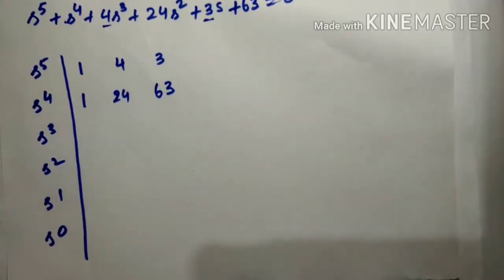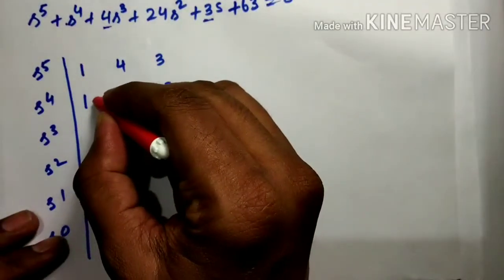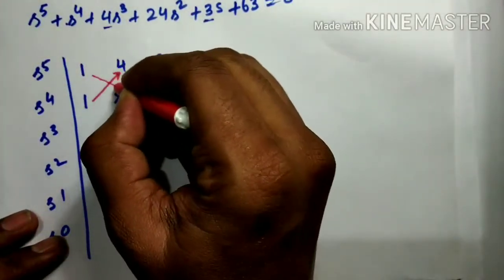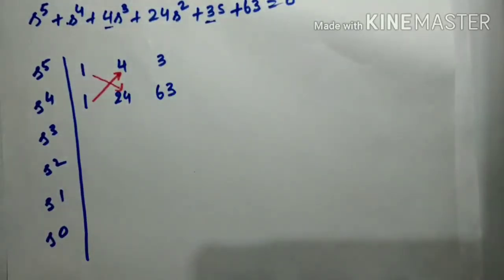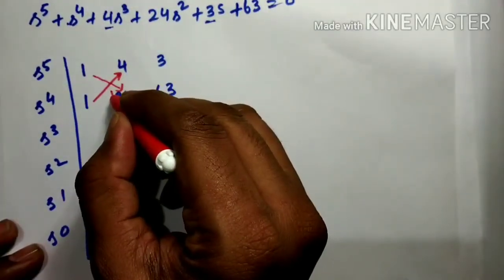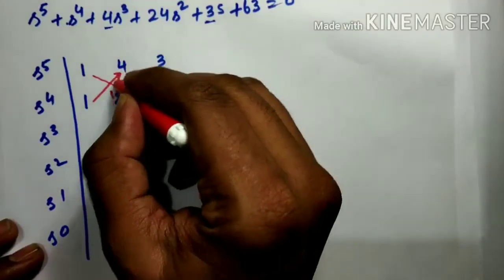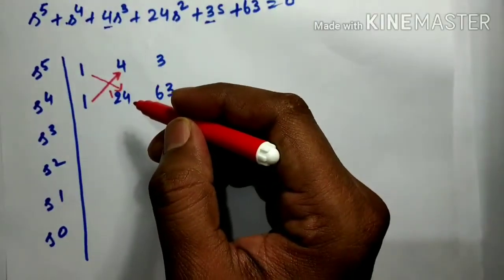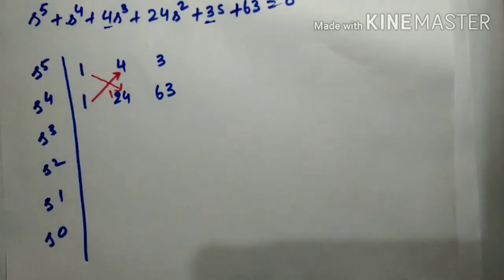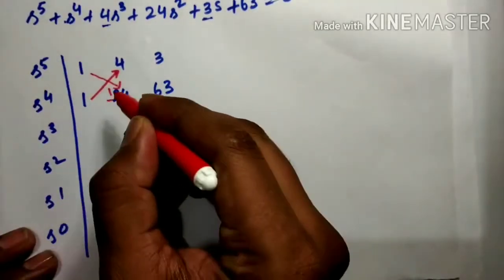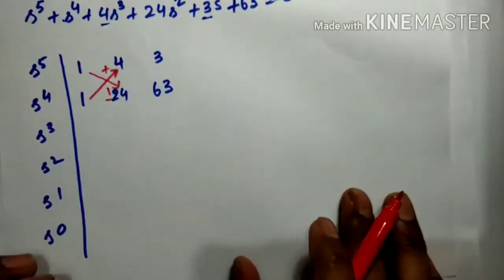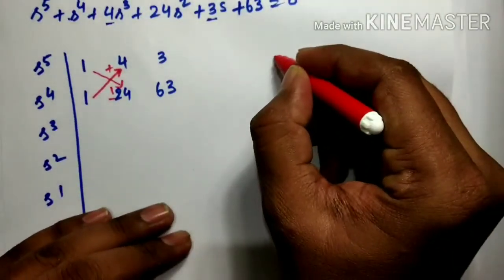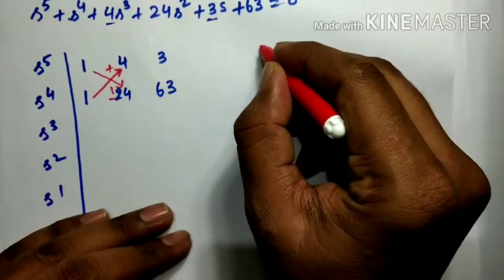So you see that here, take this one, so this plus and this is minus. Okay. So how are you going to do it? 1 into 24. See that this one is a minus and this one is the plus. So you are going to find the s power 3 coefficients.